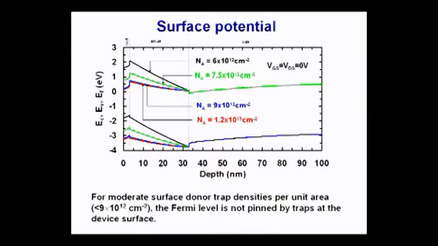This is a band diagram of the device at equilibrium conditions. As we can see, the Fermi level is not pinned at the surface trap unless a certain value of the NA is reached.